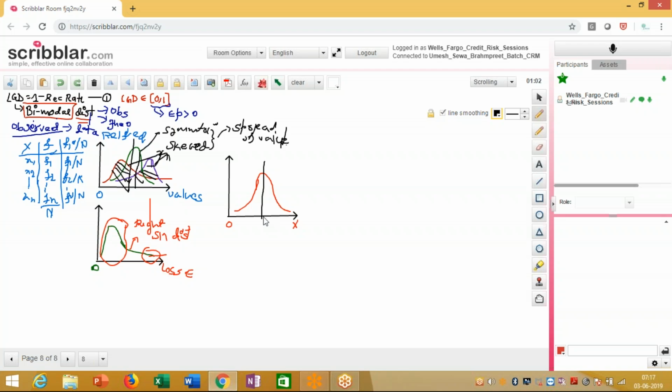So the values that you have on this side of the distribution are very similar to the values that you have on this side of the distribution.